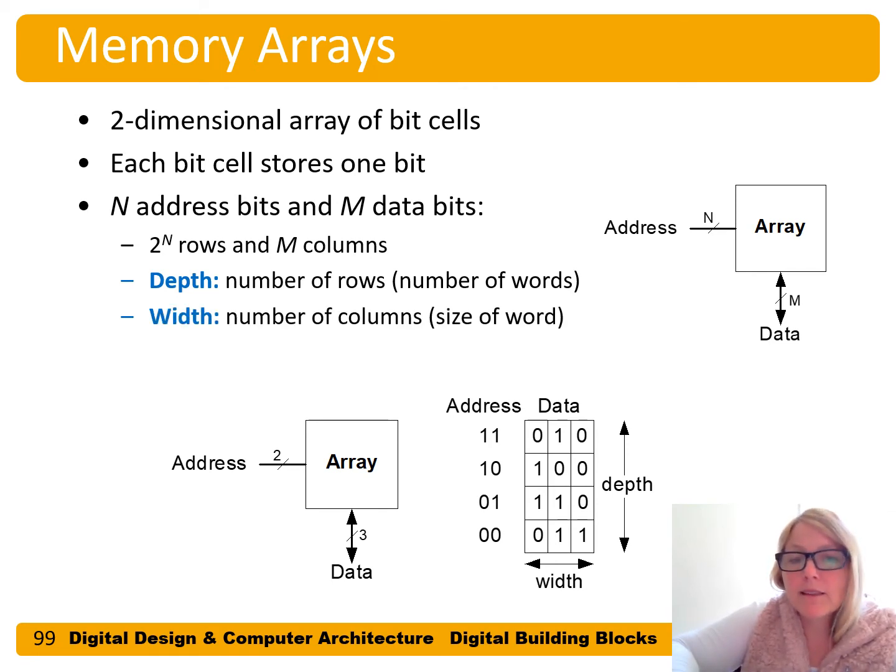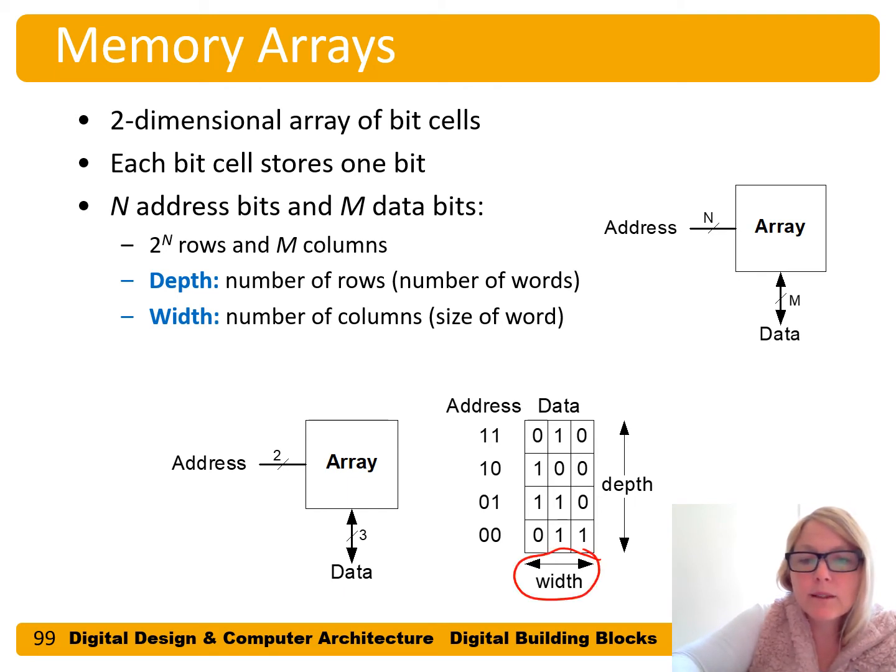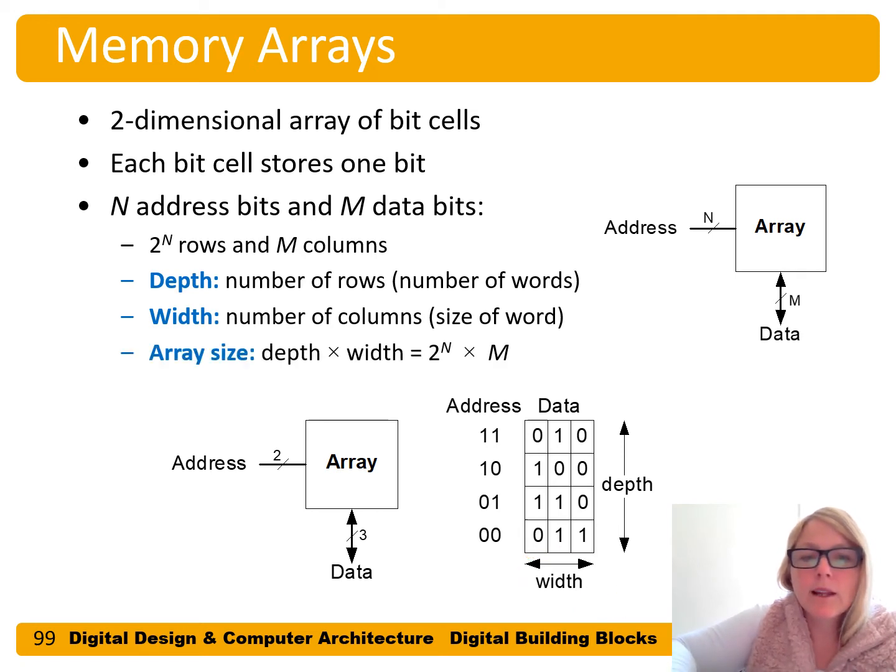And the width is the size of the word. In this case, the width is 3 bits, so our word size is 3 bits. And so this array is a 2 to the n by m bit memory array. So we have 2 to the 2 by 3-bit, or 4 by 3-bit memory array.